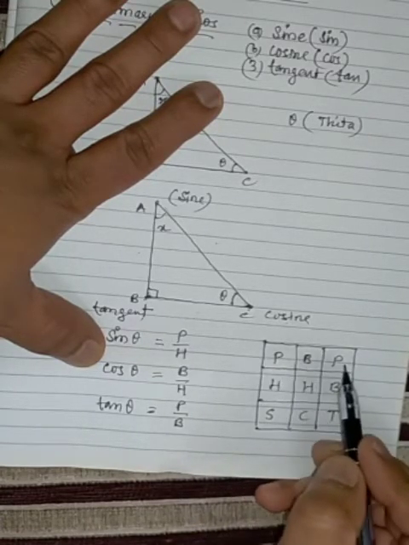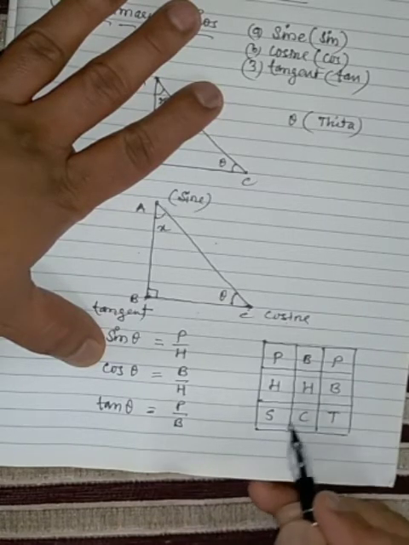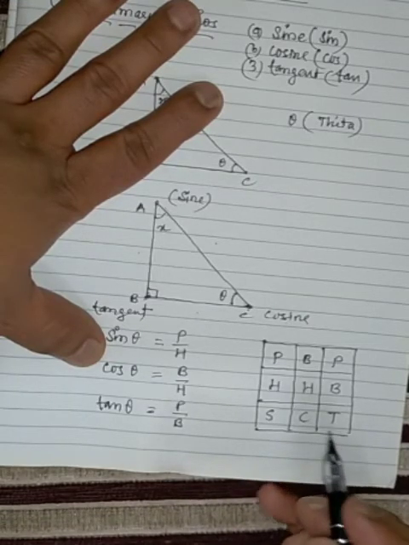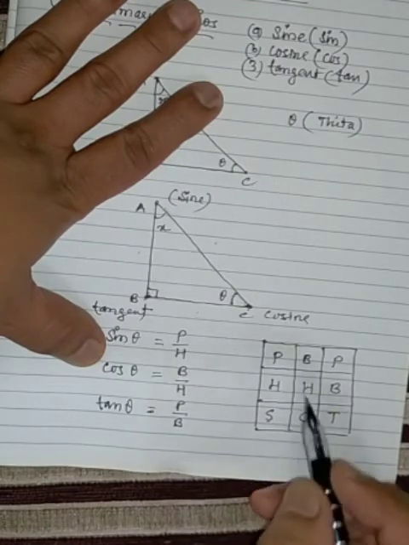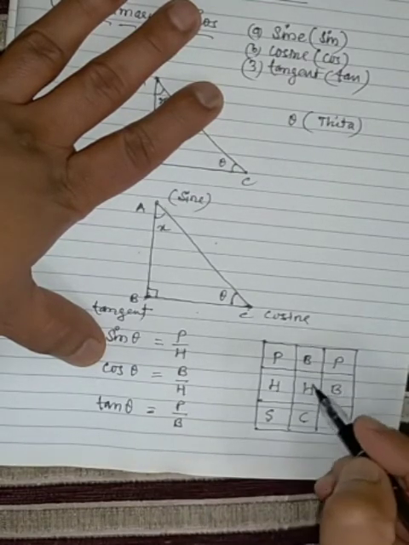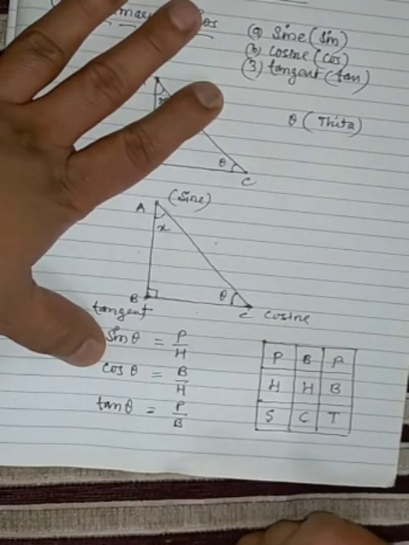Perpendicular, base, perpendicular, hypotenuse, hypotenuse, base. S, C, T are sin, cos and tan. So sin theta is equal to P upon H, cos theta is equal to B upon H, and tan theta is equal to P upon B.